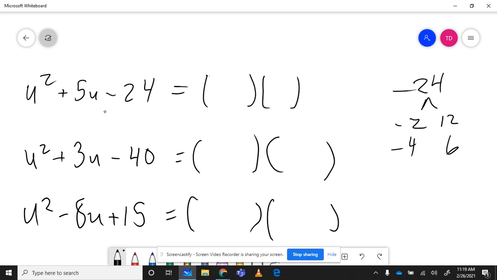What else do we have? 8 and 3. That's probably going to be our go-to one. So we're going to want negative 3, positive 8. Okay, I think that should work. All right, these two give me negative 24. We'll have 8x, and we'll have negative 3x. Or sorry, those were supposed to be u's, weren't they?